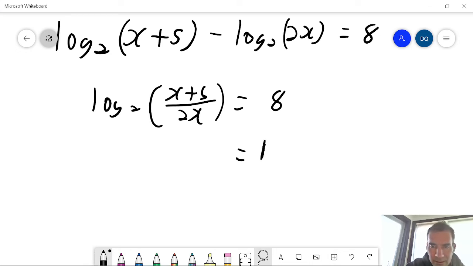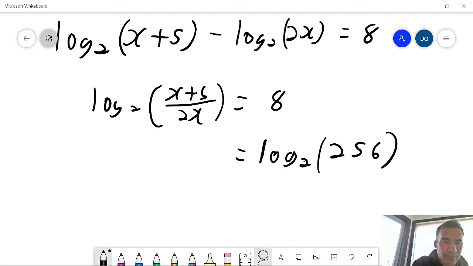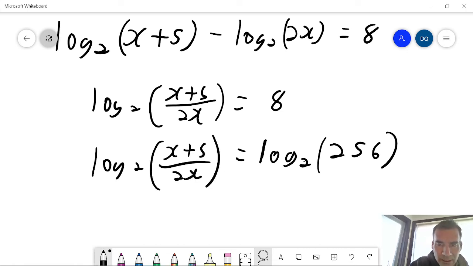And 8 is 2, 4, 8, 16, 32, 64, 128, 256. It's the base 2 log of 256. So the base 2 log of x plus 5 over 2x is equal to the base 2 log of 256.